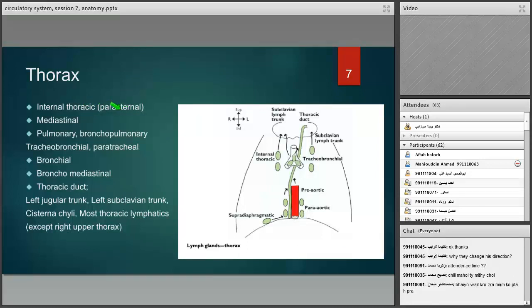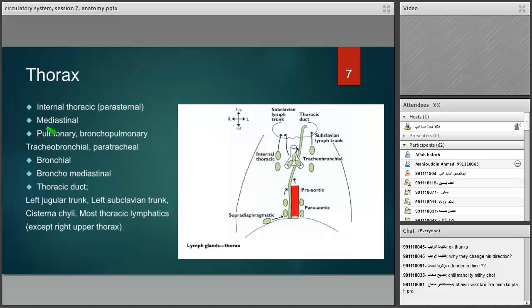The parasternal nodes are placed beside the sternum and the internal thoracic artery and vein. They receive lymph from the medial part of the breast and also the chest cavity. Also, we have mediastinal branches of the lymph, which drain the lymph from the mediastinum and the heart.